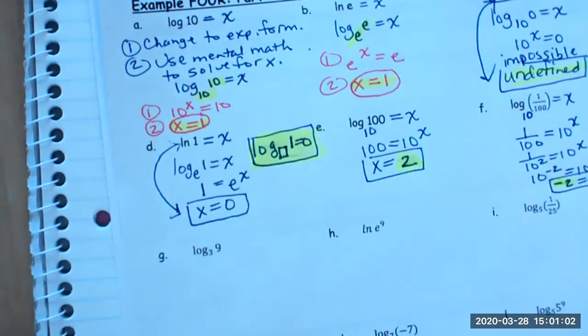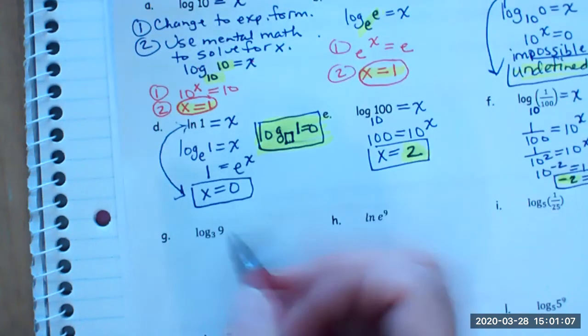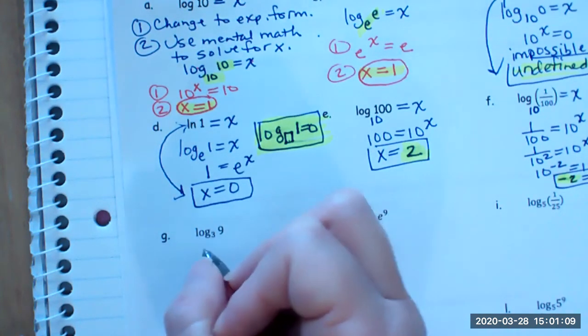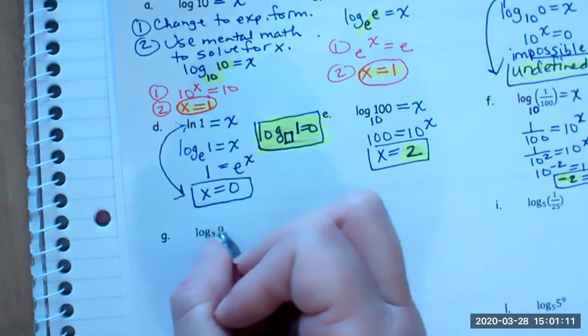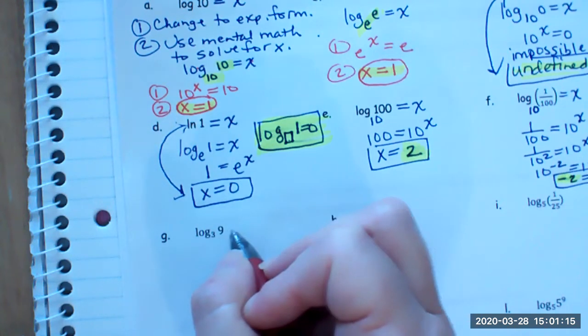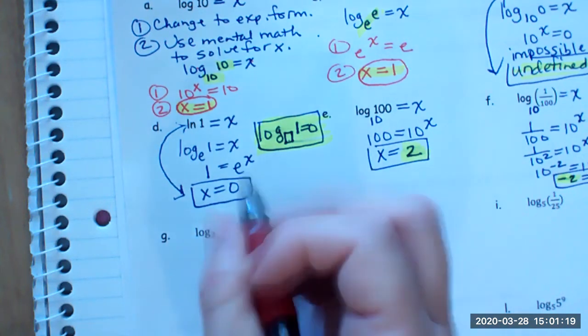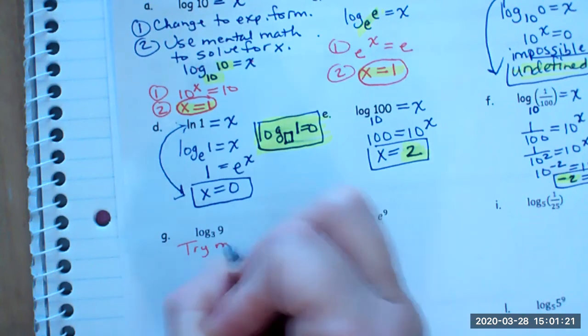Okay. So for this one, let's see if we can do this one a little bit more mentally. Again, I want to tell you what you should be thinking so we can maybe do some of these without having to do all this work every single time. Again, I could say equals x here, but I want you to try to do this a little bit mentally. So let's try mental math.